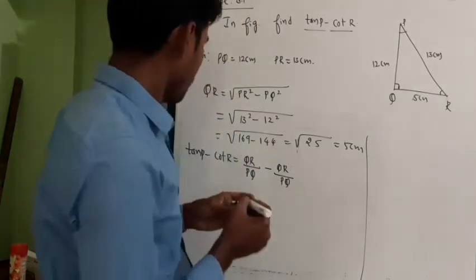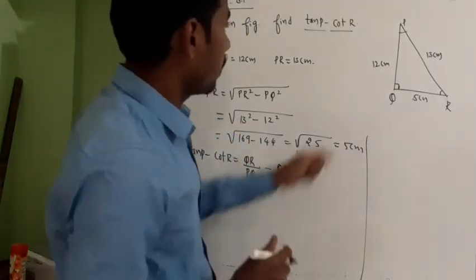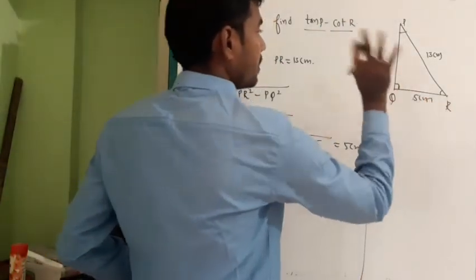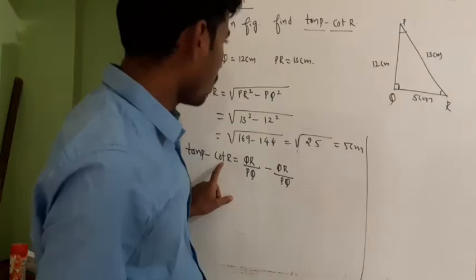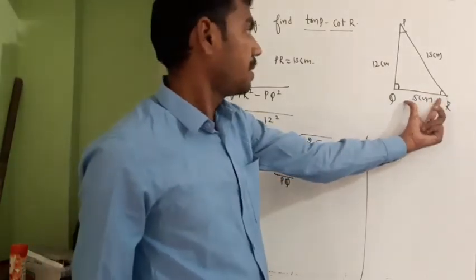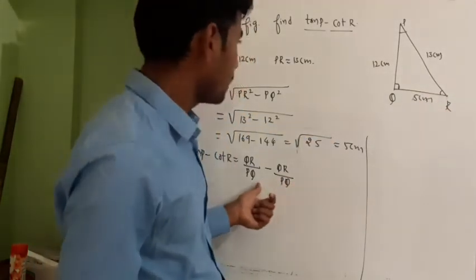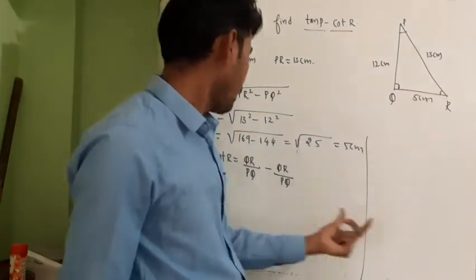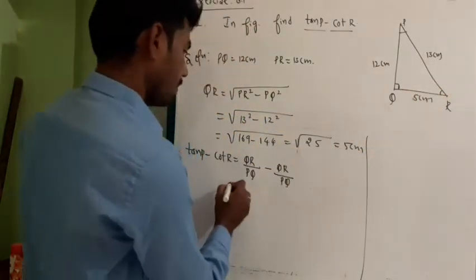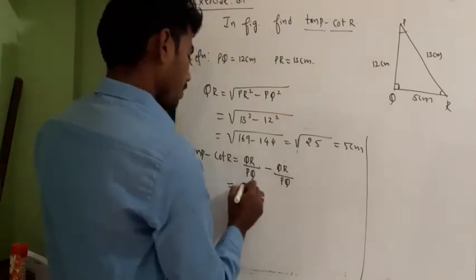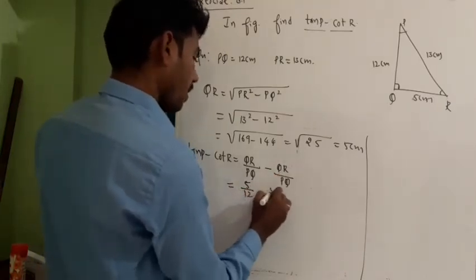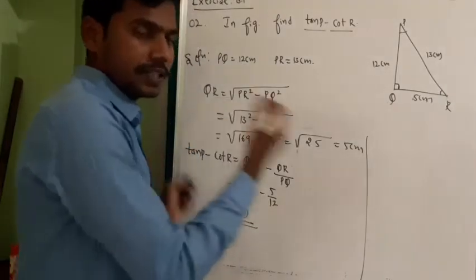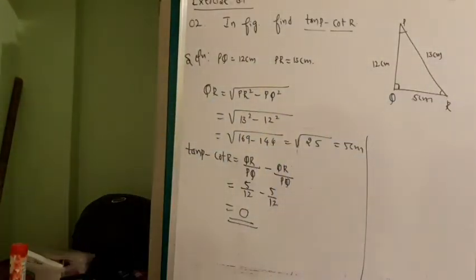Wait. We wanted tan P, opposite by adjacent, correct. We needed cot R, adjacent by opposite. Tan P is 5 by 12, minus cot R, 5 by 12, is nothing but 0. So this is the answer. Please note this down.